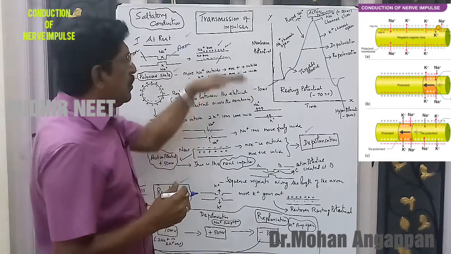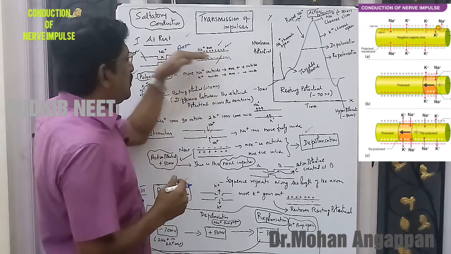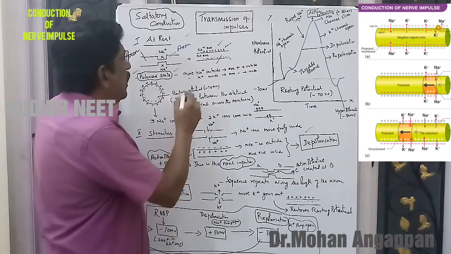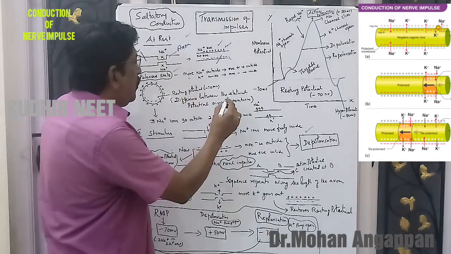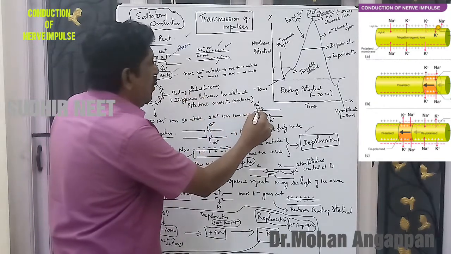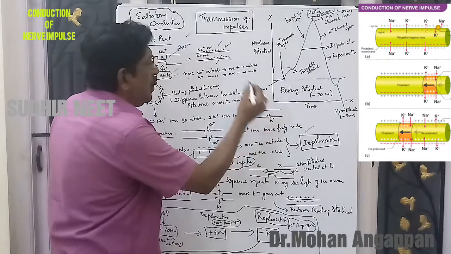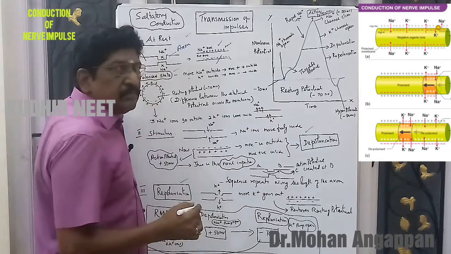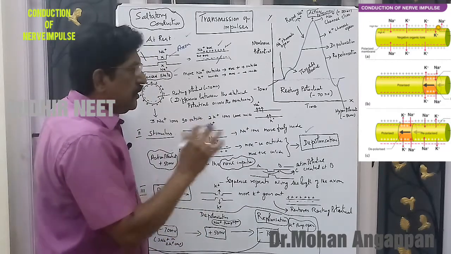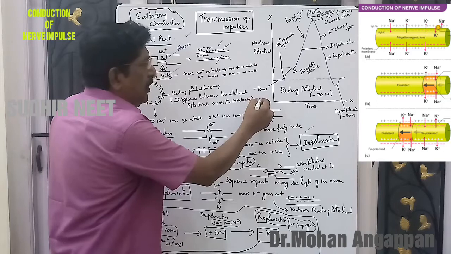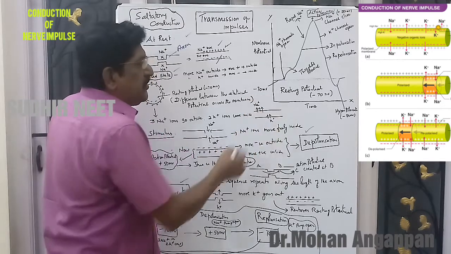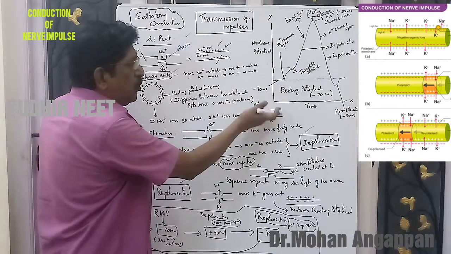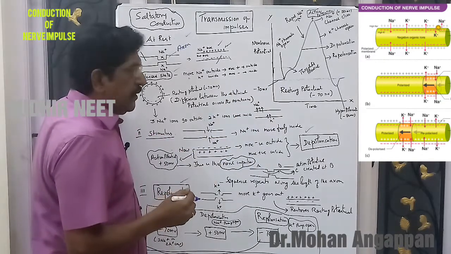So the membrane is at a polarized stage. Three sodium ions go out and 2 potassium ions come in. For every 3 sodium ions going out, 2 potassium ions are coming in.